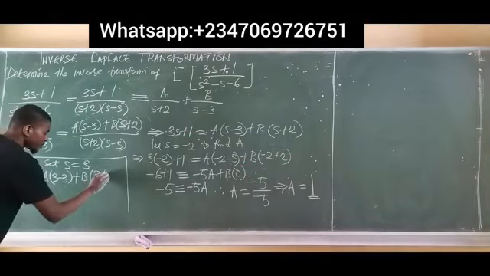Again, the effect of a has been nullified. Plus b into 3 plus 2 is 5. So 9 plus 1 is 10. 10 is equivalent to a times 0, which is gone, 0. b times 5 gives us 5b. Therefore, to find b, divide through by 5. You have b equal to 10 over 5, which implies that b is equal to 2. So we have the value of b to be 2.